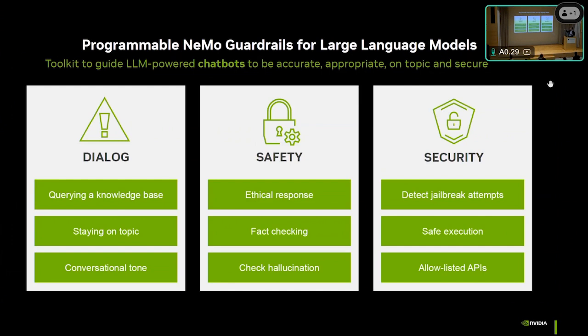So we have an interesting dialogue between the guardrails and the Garak teams. And actually, we're all on the same team, so we get along really well. Just trying to block and subvert each of these two is surprisingly difficult. But also, it's a very, very new field, right? So on security, the guardrails will try to detect jailbreak attempts, try to make sure that things are executed safely, and will block APIs and content that should be blocked.